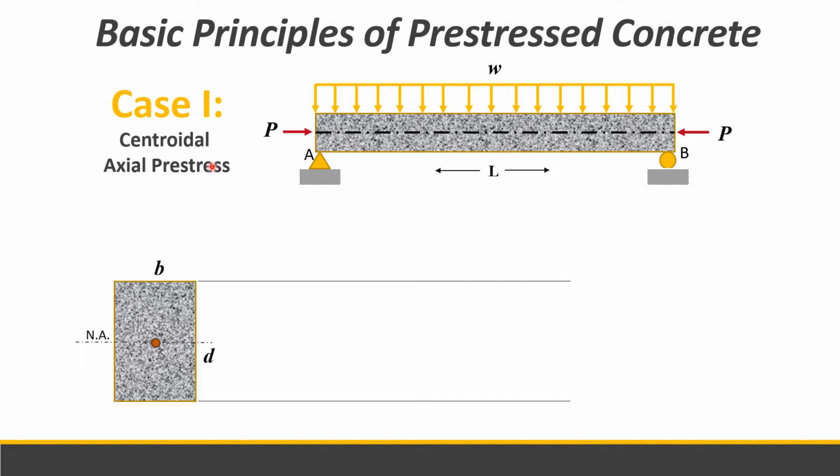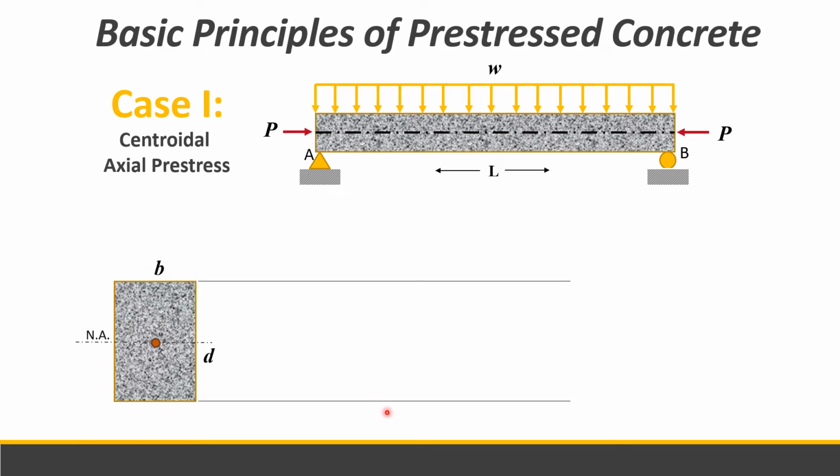Axial because it is normal to an area or perpendicular to an area, and centroidal kasi nandun siya sa center or dun siya sa neutral axis.